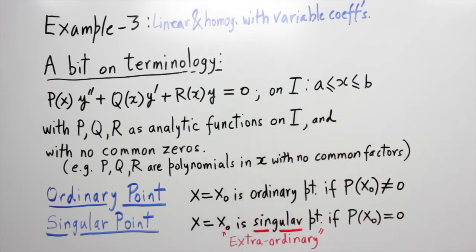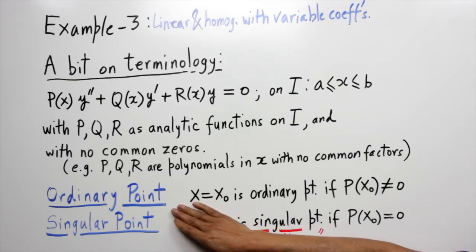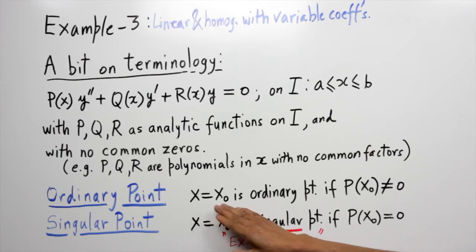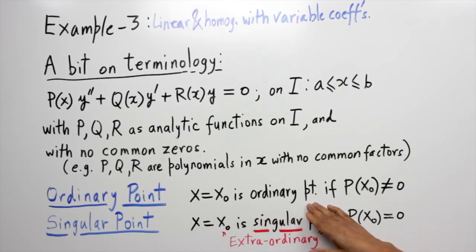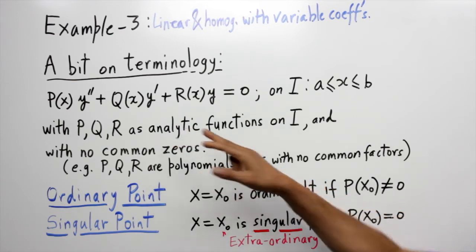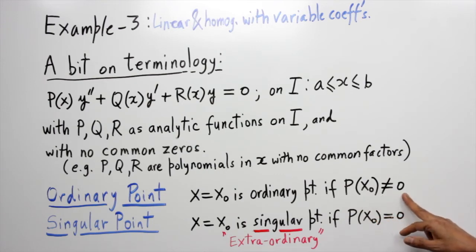All right? Okay, so given this, we can define the terminology of what is called an ordinary point and what is called a singular point. Now a point x equals x0 is called an ordinary point if this coefficient of the highest derivative term, capital P, at the point x0 does not vanish.